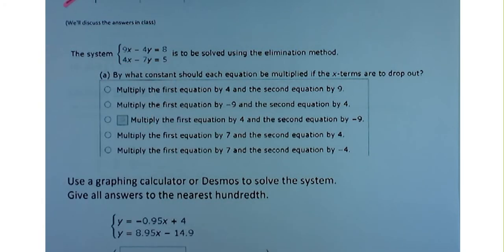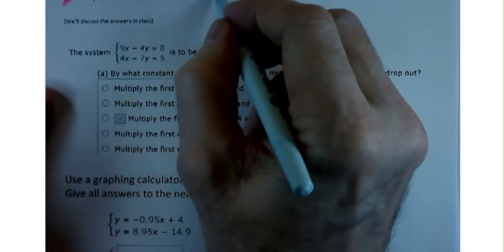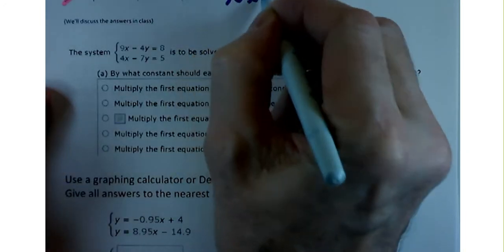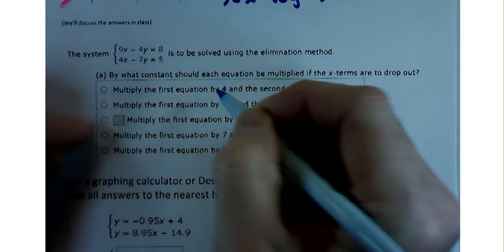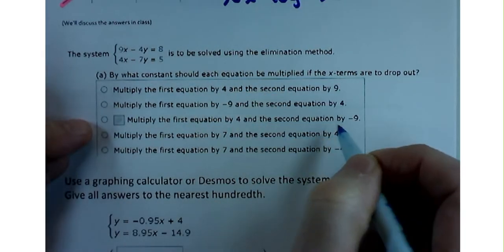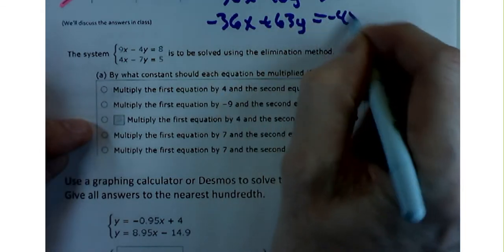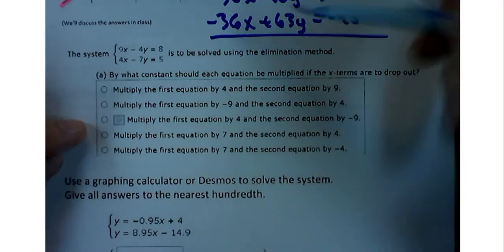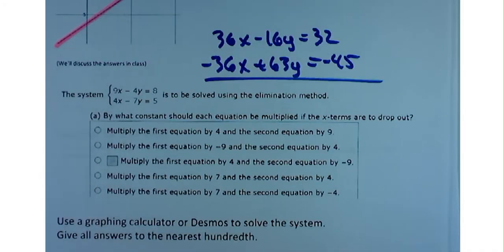In doing that, you're going to have a coefficient of 36 here, so you'd end up with 36x minus 16y equals 32. And then multiply the bottom equation by negative 9, so that'd be negative 36x plus 63y equals negative 45. And the nice thing is, when you add those together, the x's drop out.